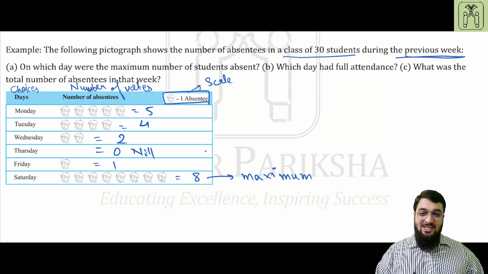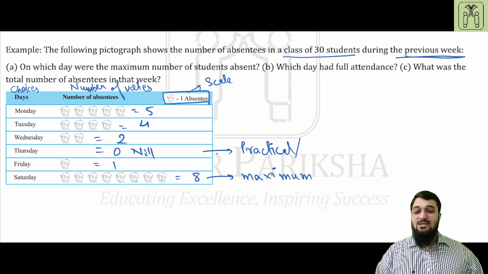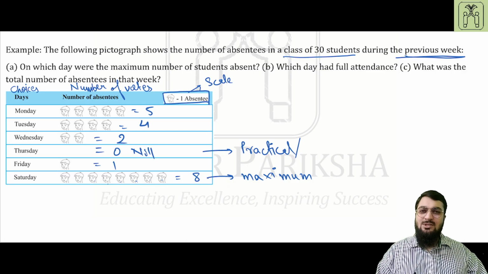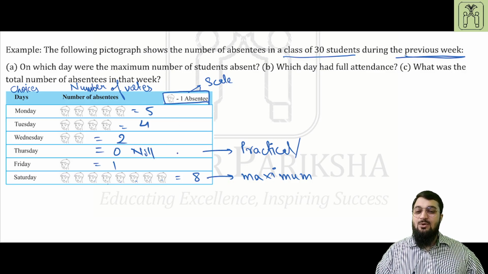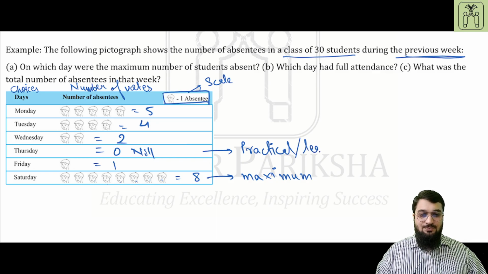And on Thursday, it might be that there is a practical class, an exam, or a viva that one cannot miss, therefore there are zero absentees. I'm giving certain examples to help you understand more easily. So this is the least absent, and this is the maximum absent. There are no two days which have the equal number of absentees.